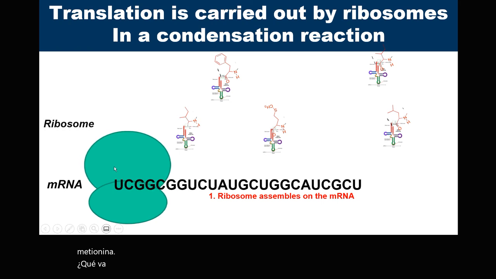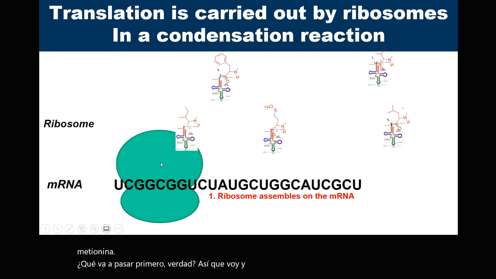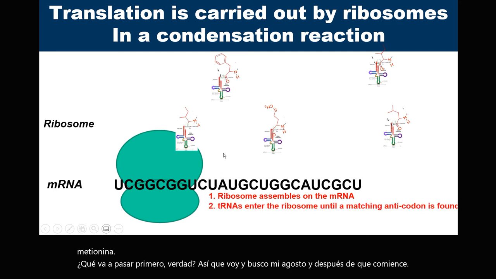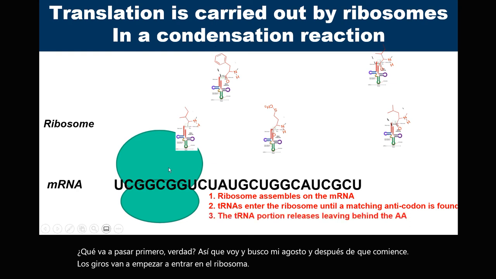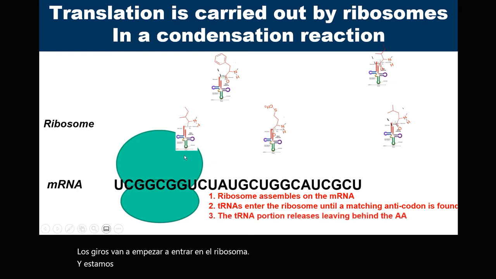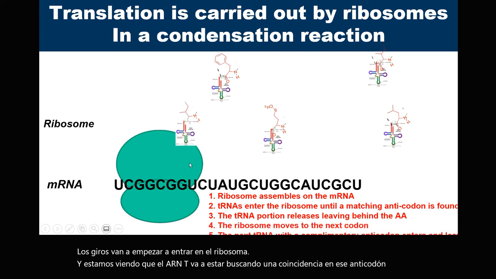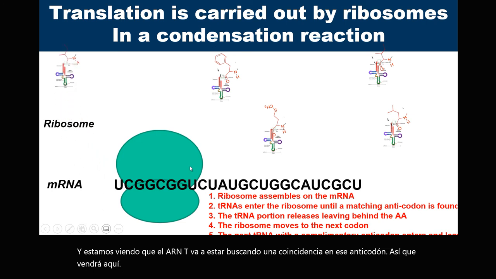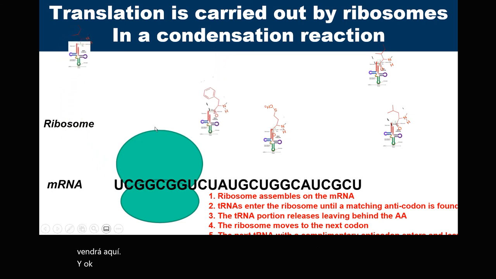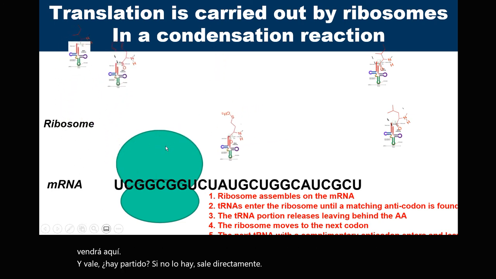I go and I look for my AUG, and after it starts that, the tRNAs are going to start entering the ribosome, and that tRNA is going to be looking for a match on that anticodon. So it'll come in here and say, okay, is there a match? If there's not, it goes straight out, and it will keep doing that until it finds a match.